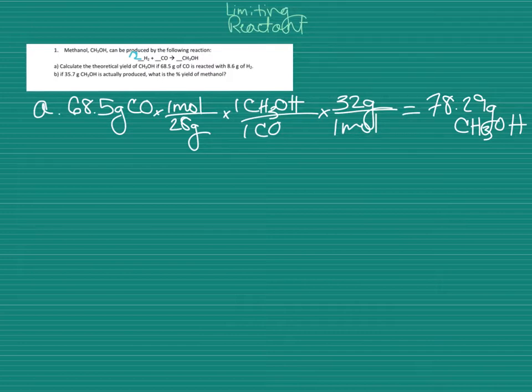You're going to have extra of the other thing because it could, in theory, make more. So for A, phase 2, we have our 8.6 grams of hydrogen, H2. 1 mole of H2 is 2 grams, and I'm rounding a little bit.